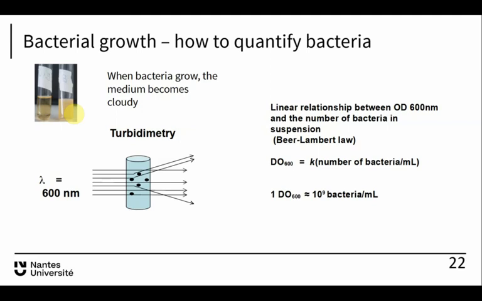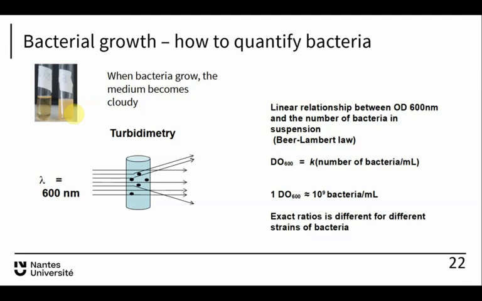It's not exactly the same for every species because bacteria are different sizes and different shapes, so different bacterial cells will deflect light more or less well. However, once you have measured the relationship between OD 600 and the number of bacteria for a particular species, then you can use that constant all the time.